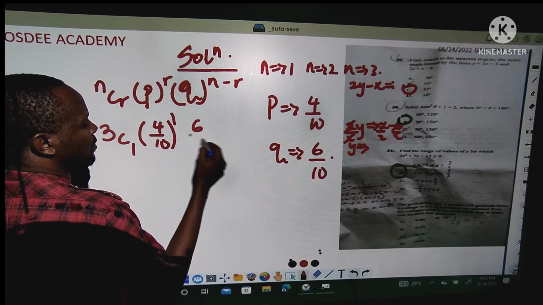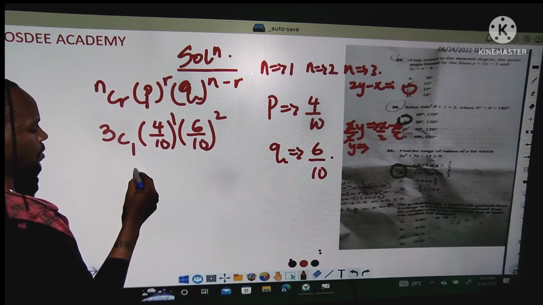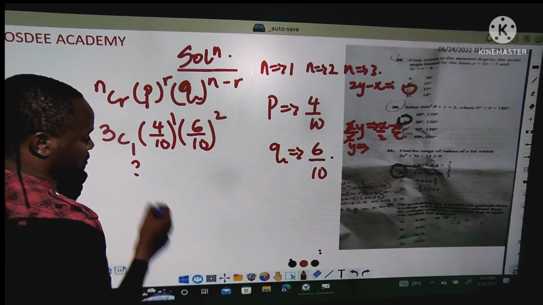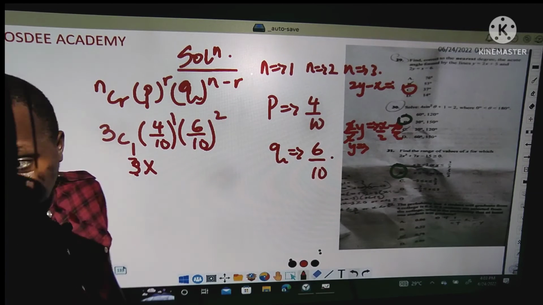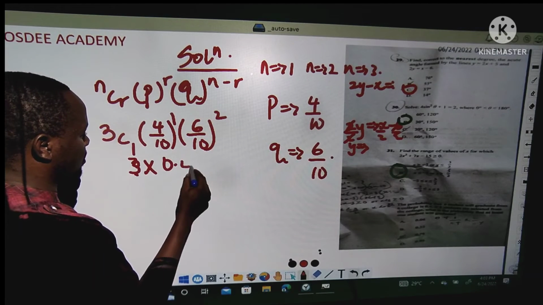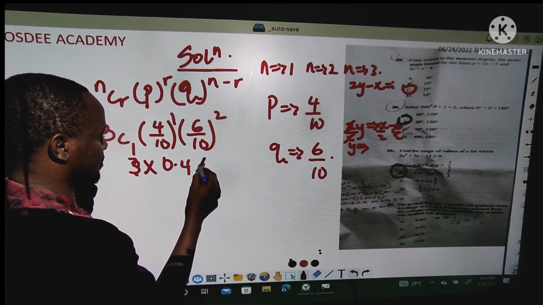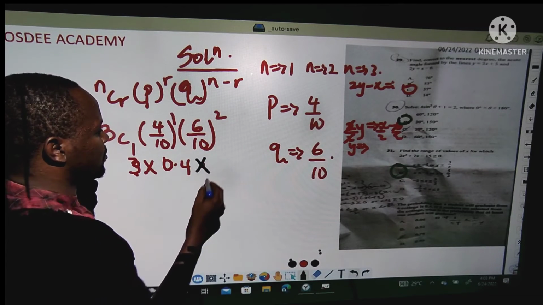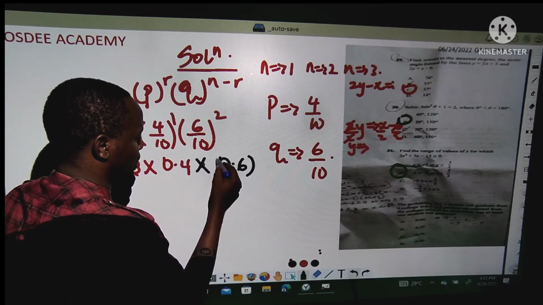Then Q is 6 over 10 raised to power 3 minus 1, which is 2. 3 combination 1 is 3. Then this is 3 times 0.4 times 0.6 squared.